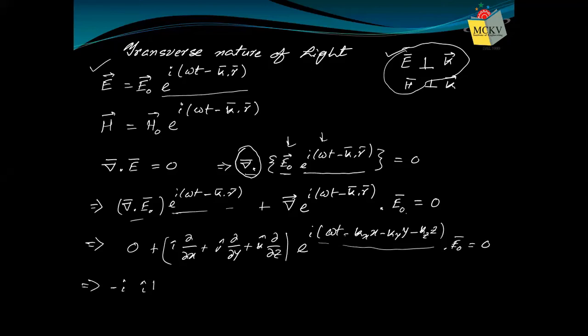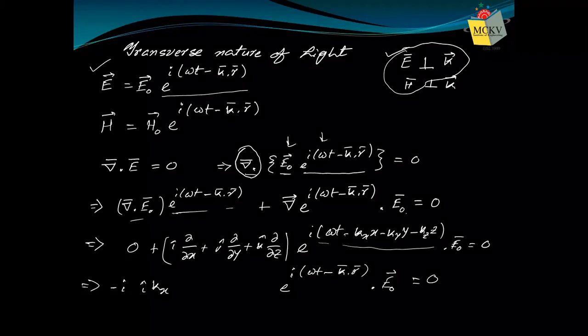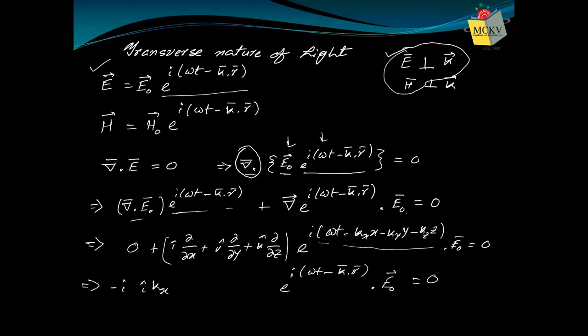So minus i kx times e to the power i(omega t minus k dot r), dot E naught as usual. If i del/del x operates on this, we get this value: minus i, this i cap kx e to the power this, dot E naught as usual.